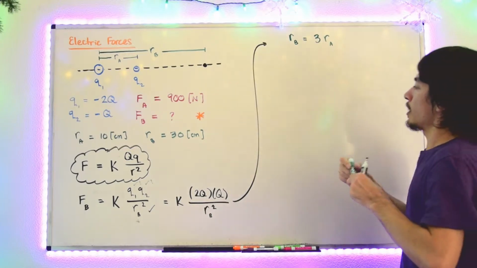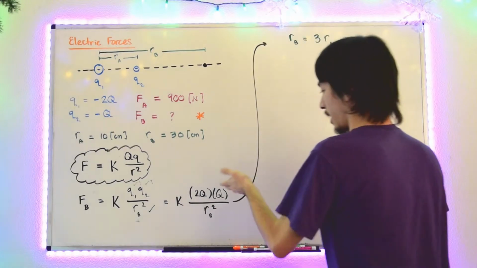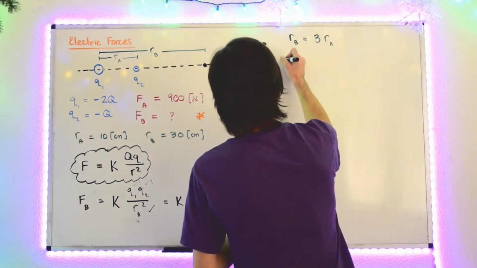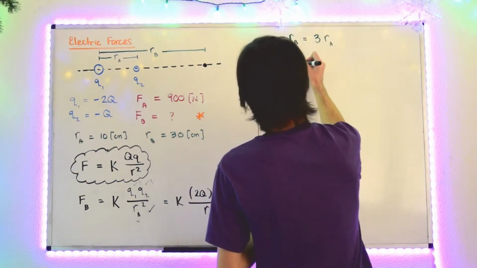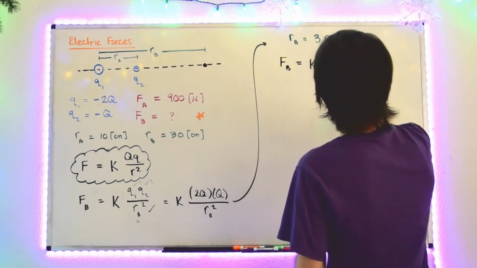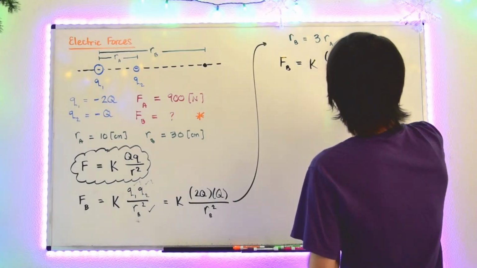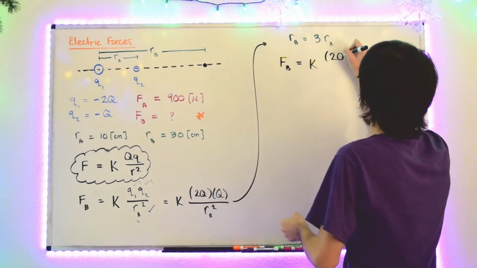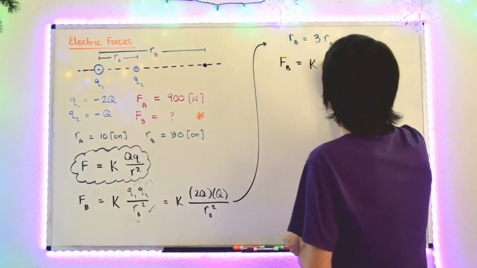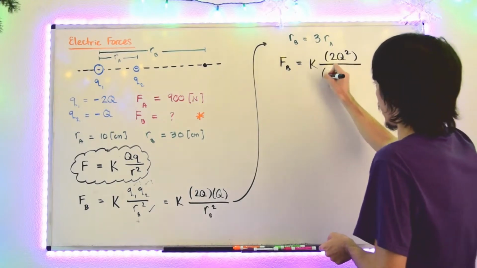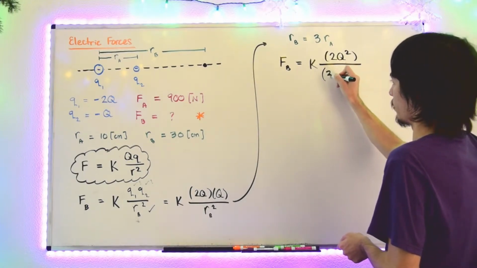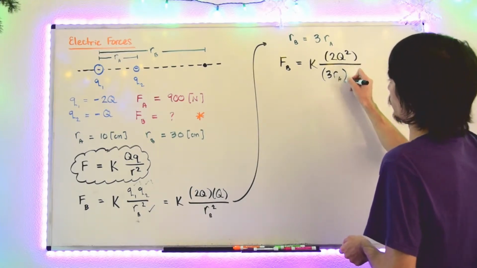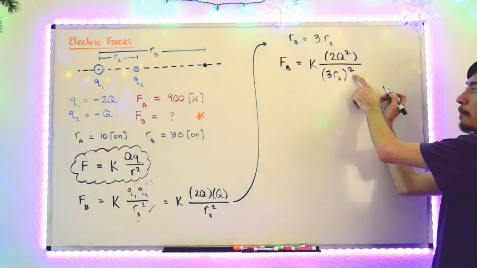Given that, we could put that in and say the force in situation B is k times 2, and let's condense this to Q squared, because that's Q times Q. So 2Q squared divided by, and be careful here, 3RA, but that whole thing is squared.